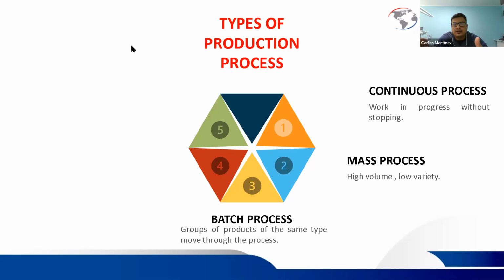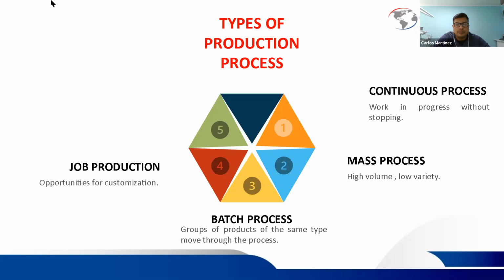Okay, and the last big group goes to the last process, which is sealing the package. Okay, so a big number of a certain product goes through different stages or levels or steps of the production process. Okay, but they don't go in one by one, they go in big numbers. A big group goes into the same process, and then the same big group goes to the following process, and so on. Okay, this is batch process.